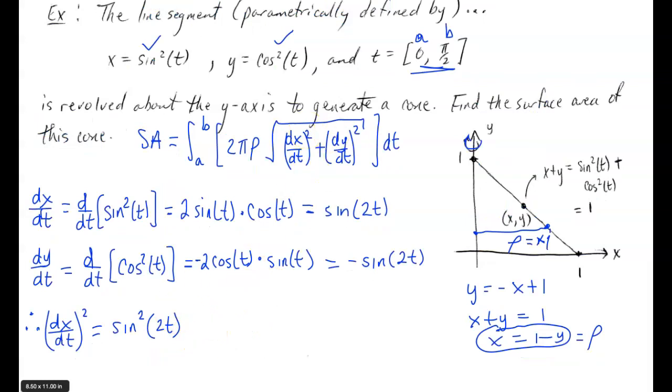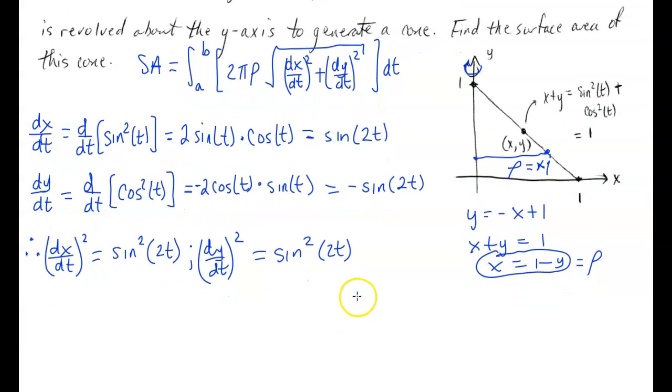And if we do the same thing for the derivative of y with respect to t, if we square that, then of course that is just a minus sine 2t, so that ends up being the same exact thing. So positive sine squared 2t.